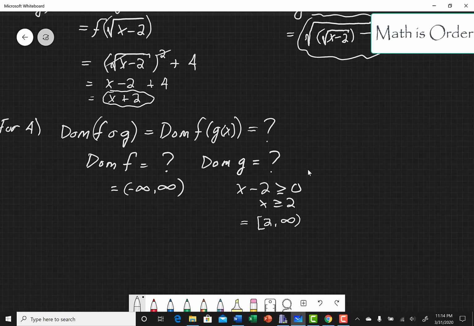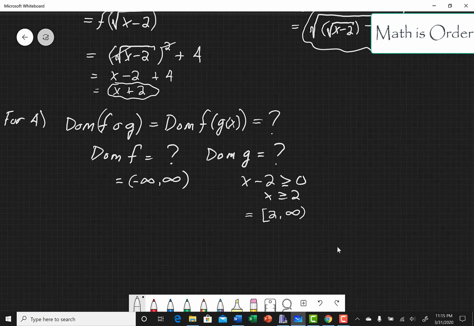But how do we find the domain of the composition function? In this case, whatever is the inside function, we'd set that equal to what's excluded from the domain of the outside function.